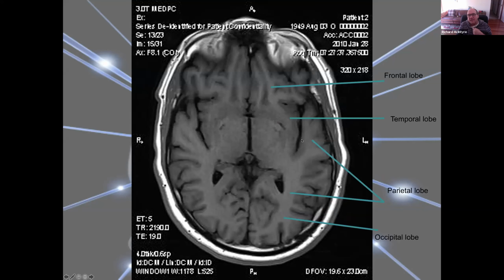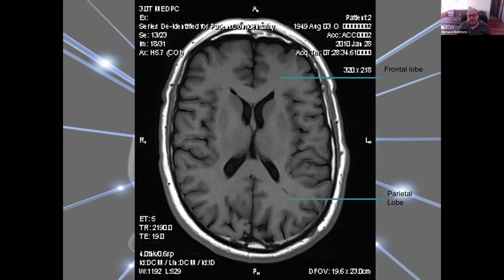We've got the Sylvian fissure, which separates the temporal lobes, the parietal lobes, and the frontal lobes. That's a good landmark to learn, the Sylvian fissure. Parietal lobes, we're coming up towards the top of the brain, and of course the occipital lobes, whose main function is vision.